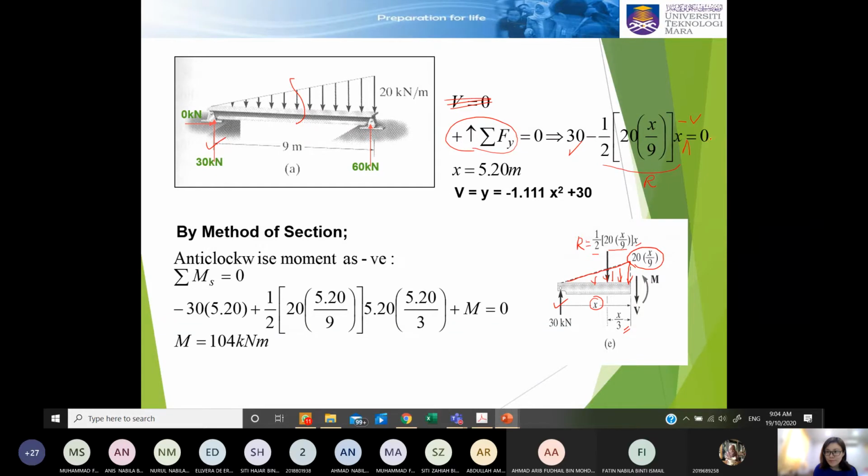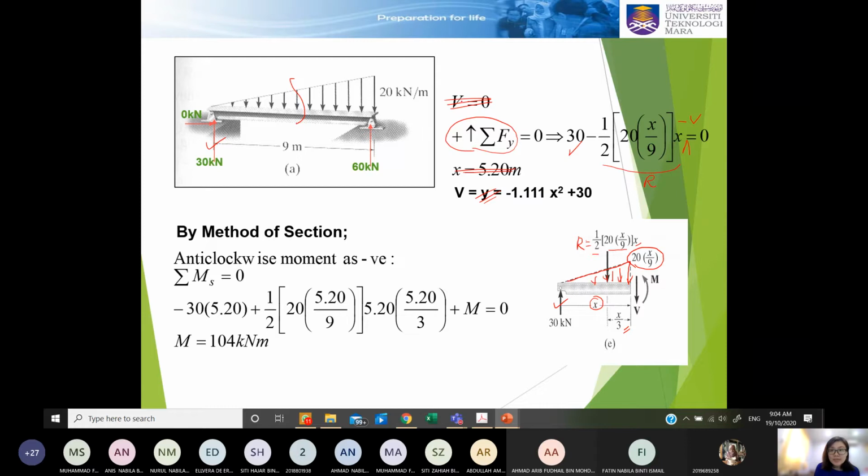Then equal to 0. Then you can solve V. Can you check whether this is correct? Let me check also. Yes.